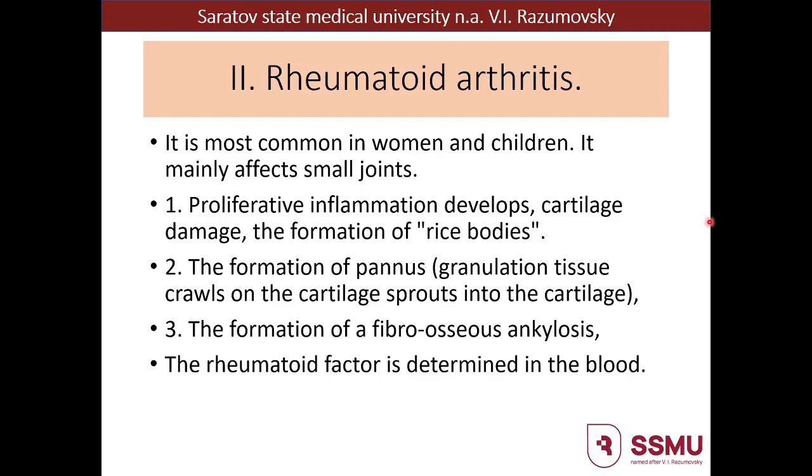This manifests itself by proliferative inflammation with development in the cartilage and formation of the rice bodies and formation of pannus. Pannus is a special morphological formation which is associated with overgrowing of connective tissue or granulation tissue in the cartilage, and this granulation tissue will damage the cartilage structure, and it will lead to a pain syndrome and damage of cartilage.